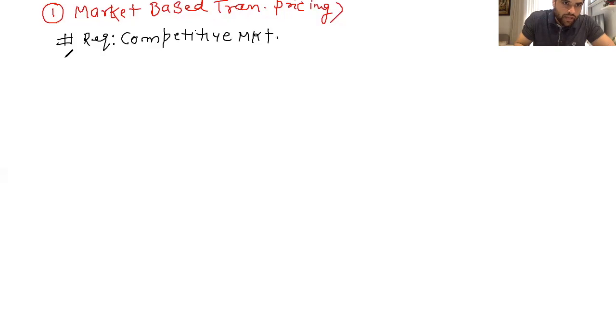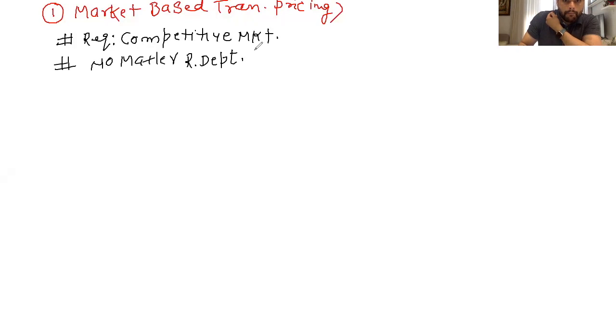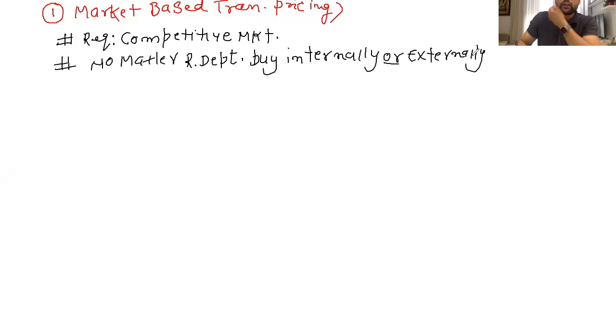The second thing that we have to focus on in market-based transfer pricing is that no matter whether the receiving department buys internally or externally, no matter whether the receiving department buys within the organization or outside the organization, why?